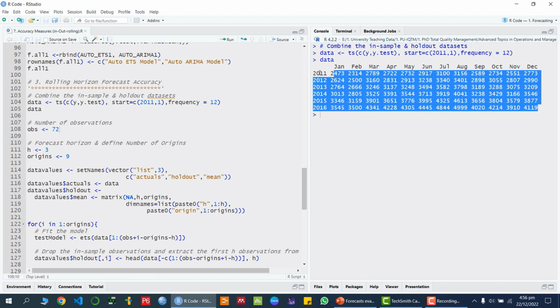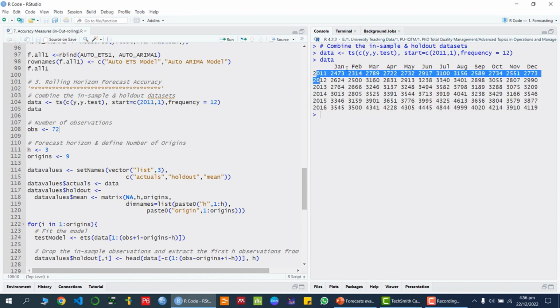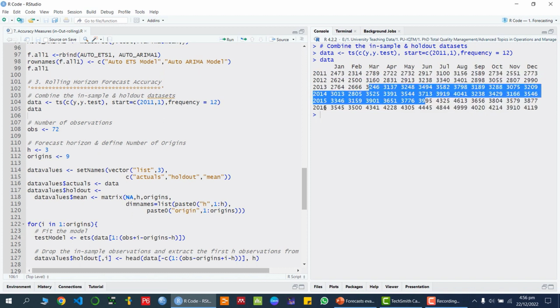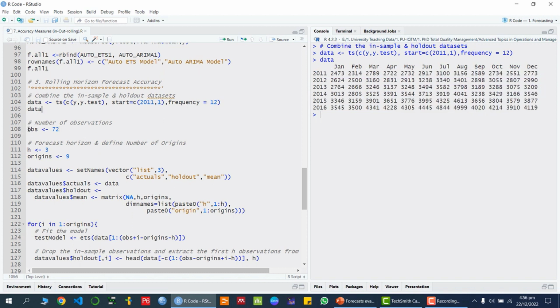Because we have 6 years, 12 months, so 12 into 6 is 72. So total observations are 72. I'm storing 72 in a variable, and we are going to use this variable further.